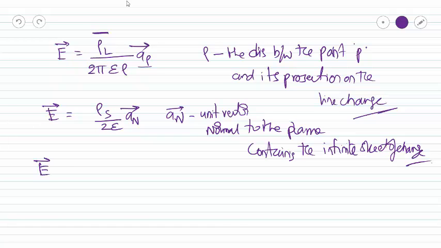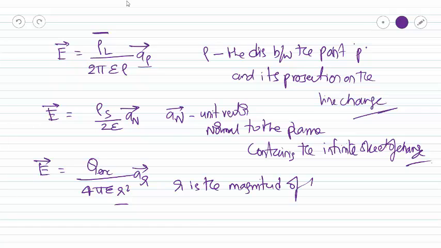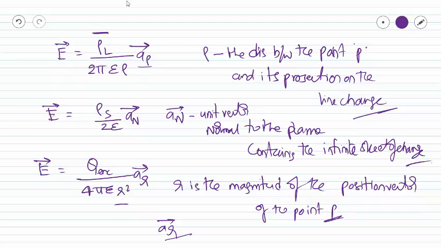So for a volume charge distribution, E bar is given by q enclosed by 4 pi epsilon r square a r bar. Here q enclosed is the total charge in the volume, r is the magnitude of the position vector of the point P, and a r bar is the corresponding unit vector.